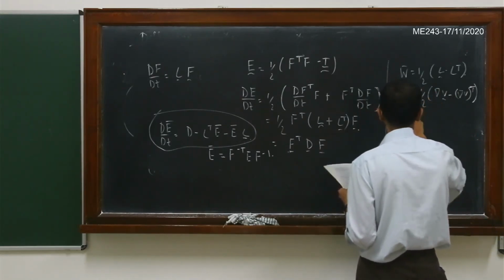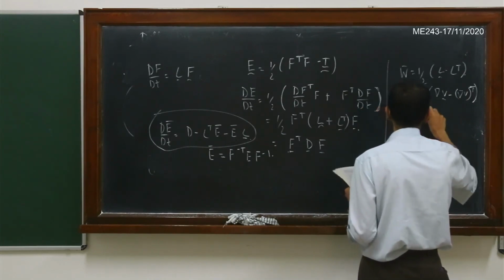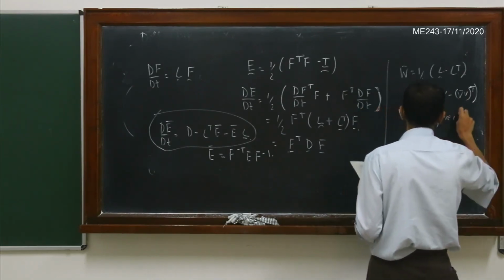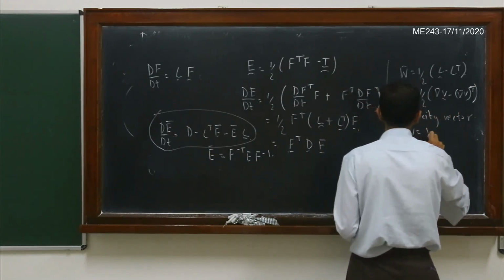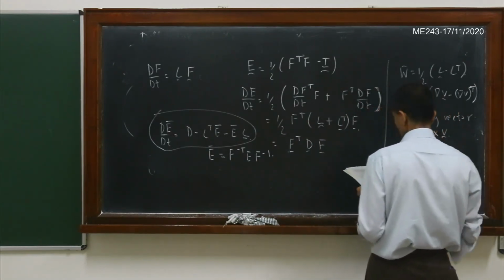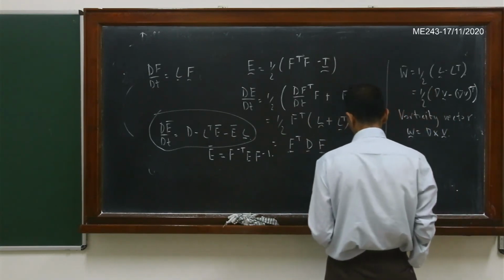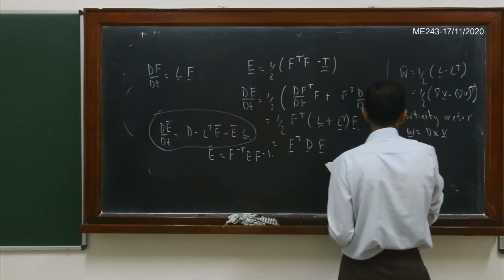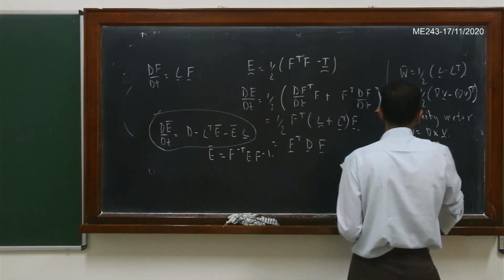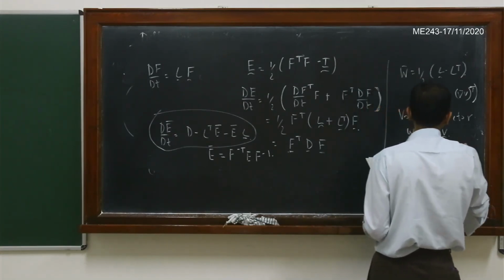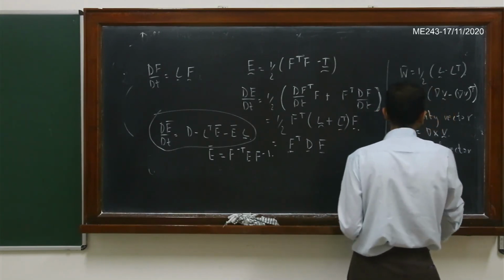So suppose I define the vorticity vector omega as del cross V, for example, then this omega by 2 is the axial vector of W tilde.